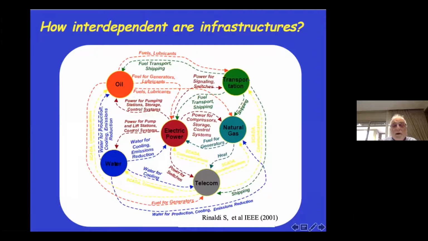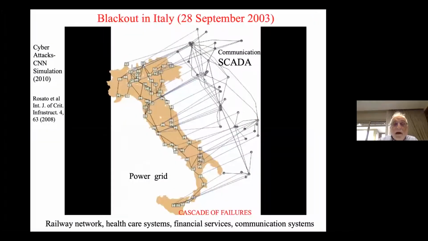You need water, you need telecom, and they interact and depend on each other. So the concept of dependency was known in the engineering literature a lot, but there was no systematic model that could explain and help understand the phenomenon of cascading failure due to dependencies until 2010, with the paper in Nature that we published.